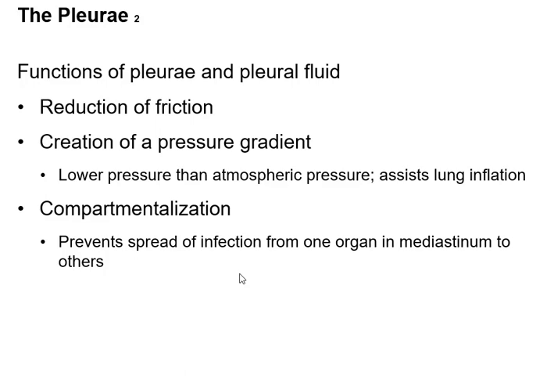So it's got to get through that serous membrane in order to spread. But here's one of the things. It creates a pressure gradient, which allows the lungs to inflate. So the pressure inside is lower than atmospheric pressure outside.